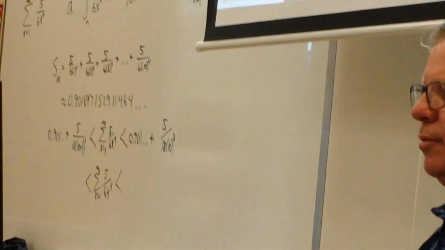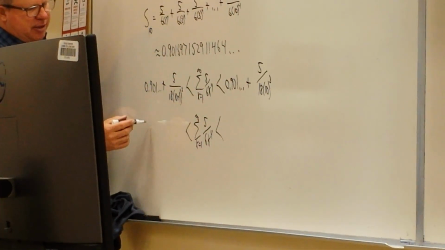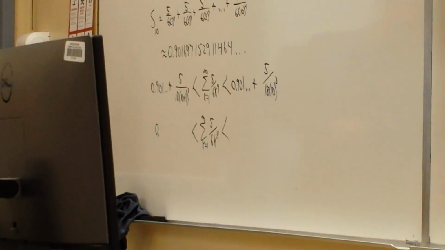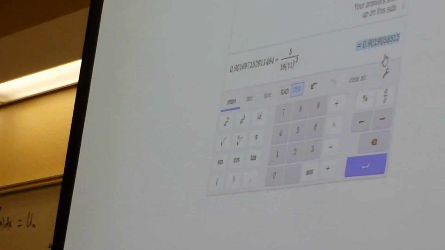So, from Desmos, it should be this answer, not this number over here. It should be this answer. These two added together, which I believe I did that right, is 0.901, 905, 851.